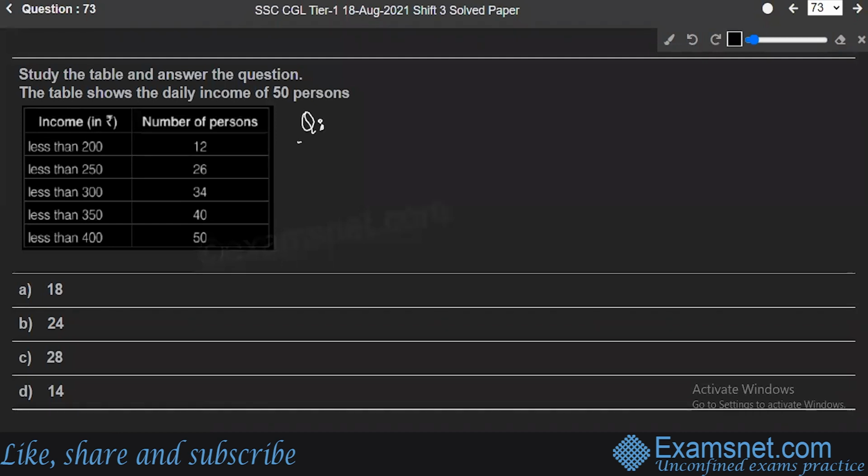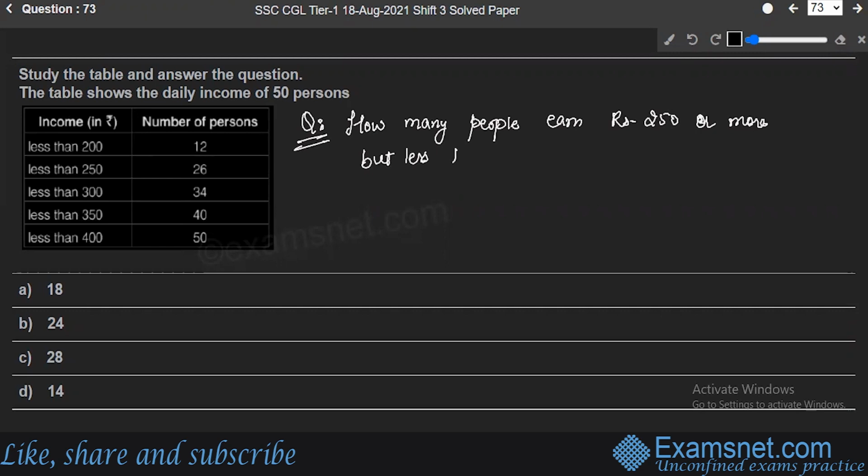The question, which is missing here, should be: how many people earn rupees 250 or more but less than rupees 350 daily? This is the question over here.